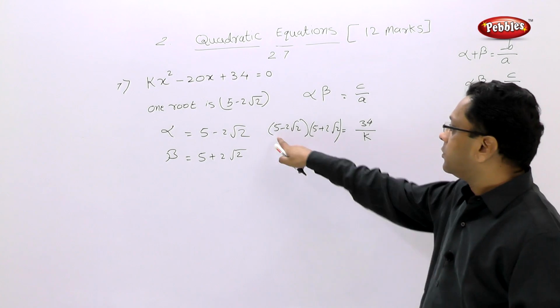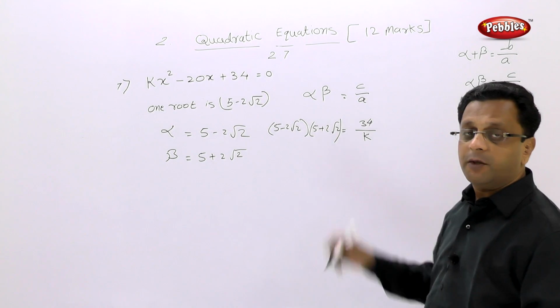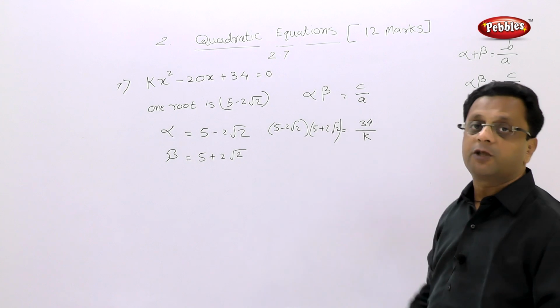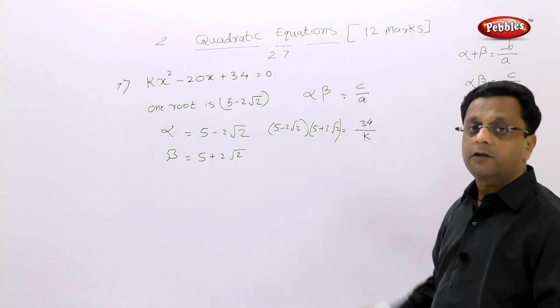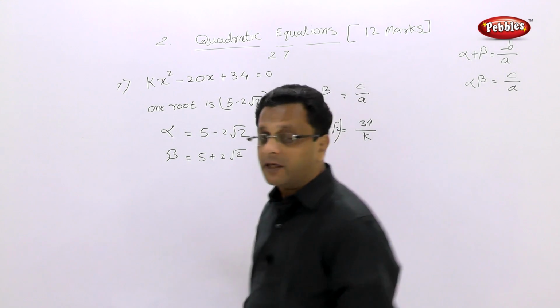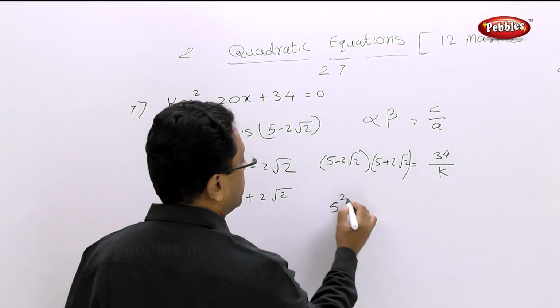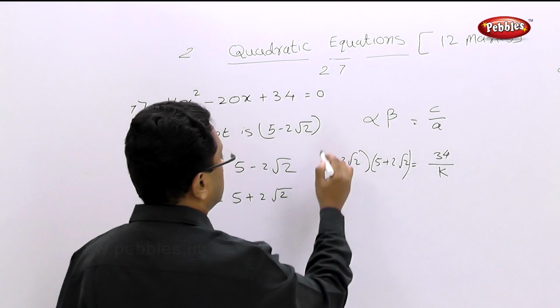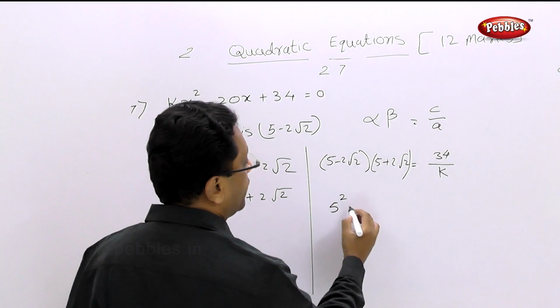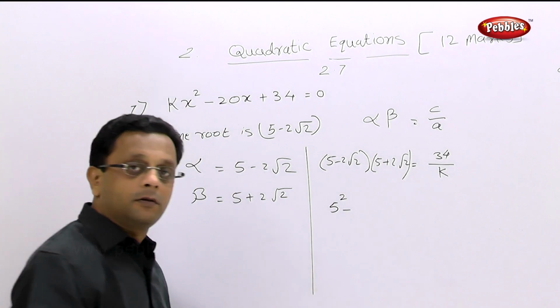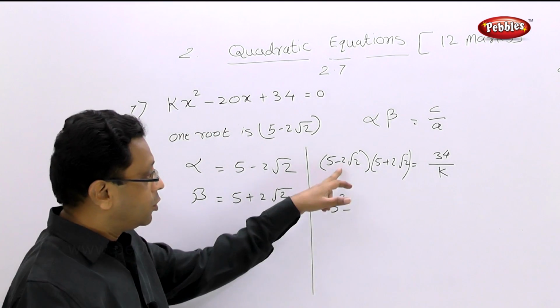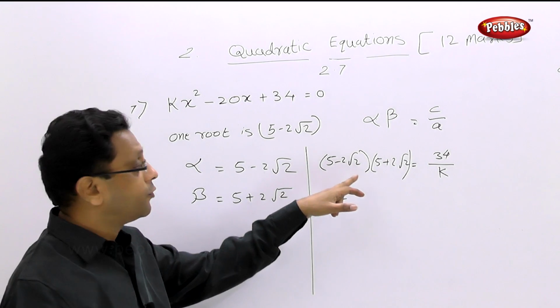What we'll get? This is just like (a plus b)(a minus b), so this is equal to a square minus b square. So we get 5 square minus 2 root 2 square. What is the square of 2 root 2?